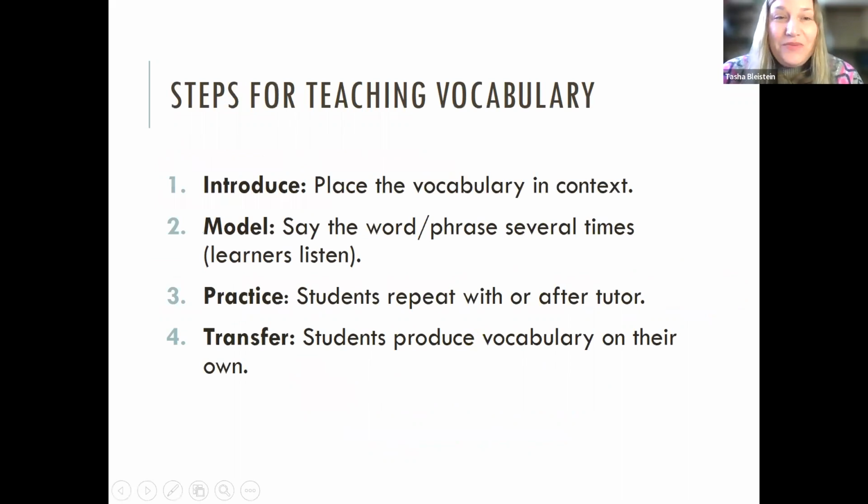So when we're teaching vocabulary, first, of course, introduce that vocabulary in context, something like a theme picture, or what are the opposites of that word, or how might this vocabulary work in a setting? Then model, say the word or phrase several times so that the learners can listen to how it's pronounced. Then have them repeat it after you, and then give them multiple times to produce that vocabulary, and not just the one session, but the next session, bring it back up.